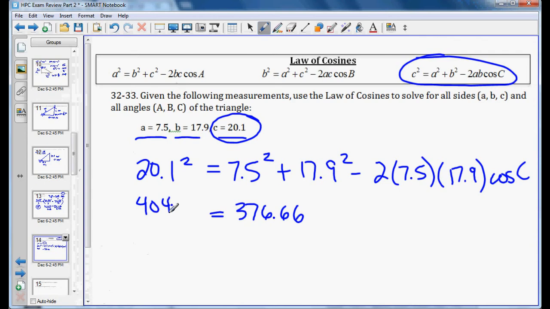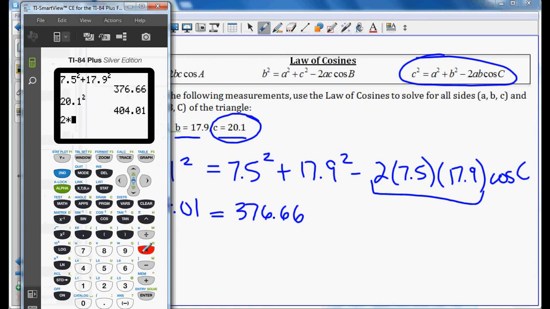But it's important to remember that we cannot combine this number and this number because the 268.5 is attached to cosine C. So they can't be combined because one has cosine and one doesn't.